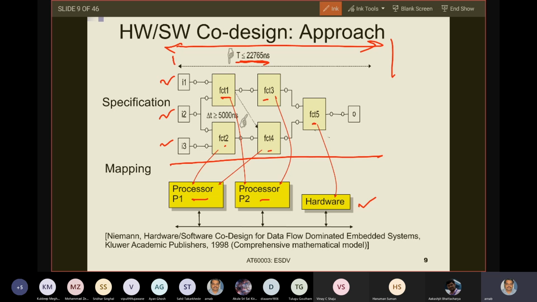It also says that functionality 4 can only begin after 5000 nanoseconds have passed subsequent to the generation of output of functionality 1. Such specifications will be provided as part of the modeled task graph that you get, and based on that you will obtain a hardware software partitioning like this.